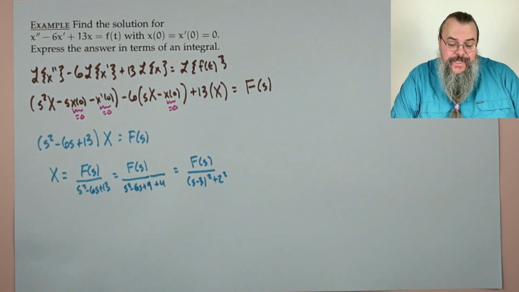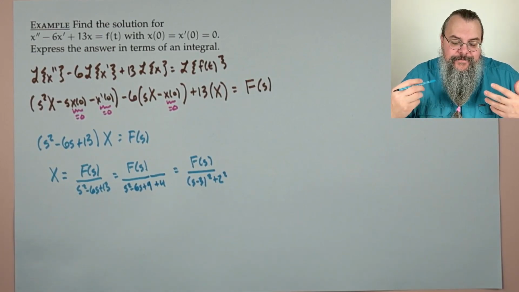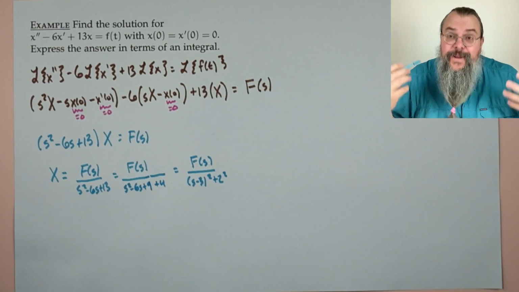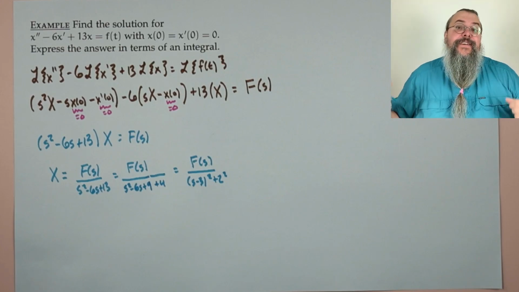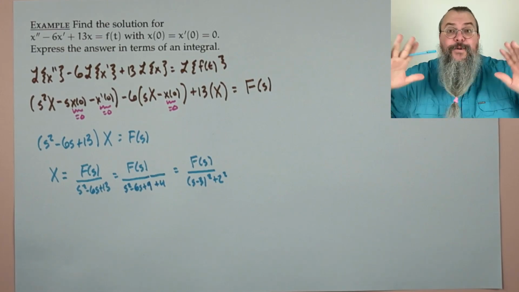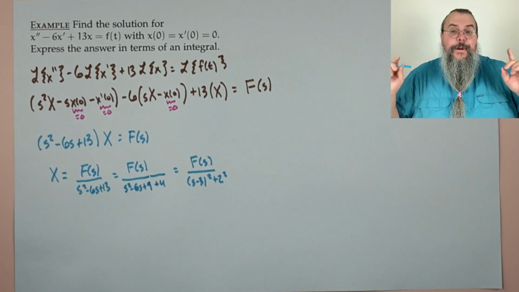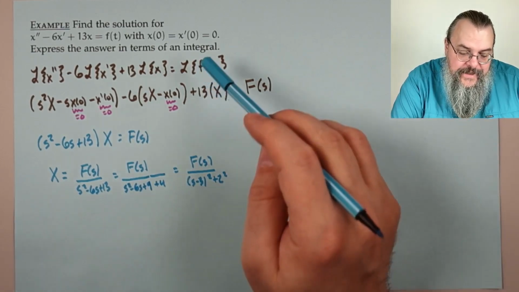Well, the good thing is we don't have to find it explicitly, because we don't know what capital F is. We don't know what little f is. And depending upon what they are, it could be a lot of work or a little work. I mean, who knows? But what we do know is that we can put our answer in terms of an integral.